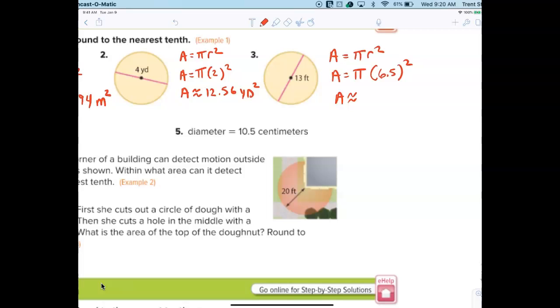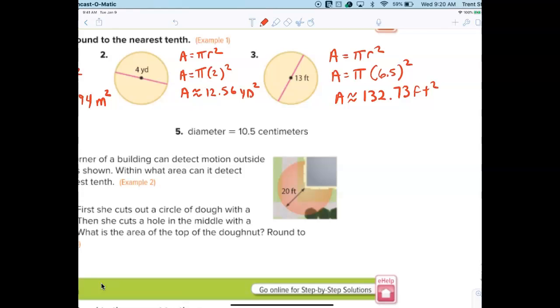I don't think so. Do pi, just to make sure, times 6.5, then hit the square button. Then you have to hit equal. Oh, 132. There we go. Say it again: 132.73 square feet.